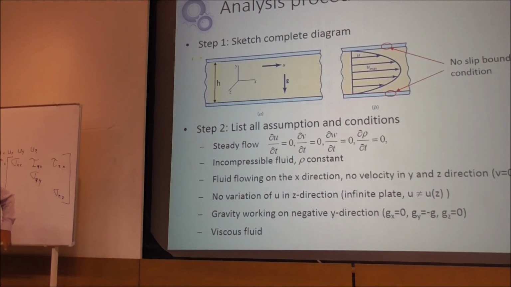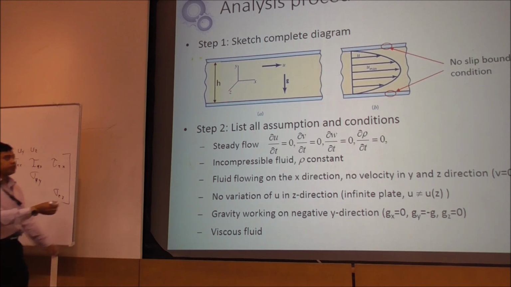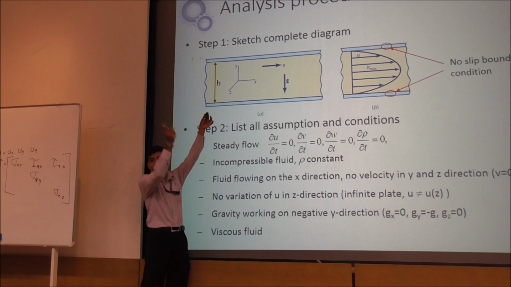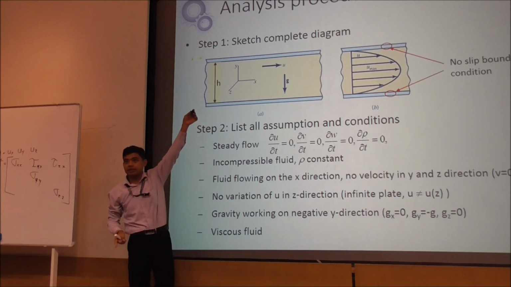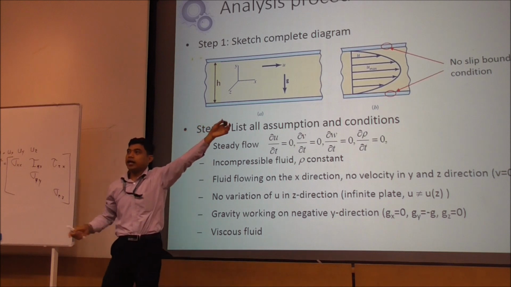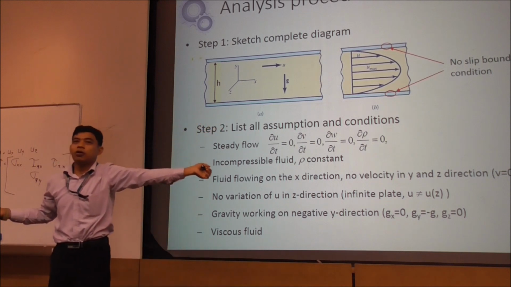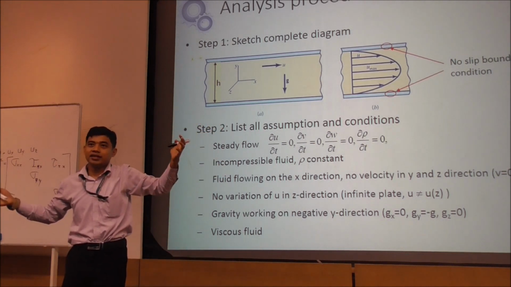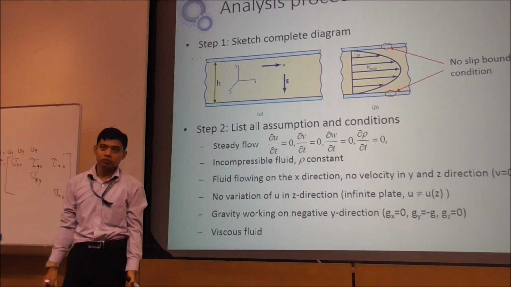Now let's list our assumptions. First, sketch the complete diagram. This is your case, this is your problem. So I give this direction as X, that direction as Y, and the direction going out of the screen is Z. If you ask me, can I choose my own coordinates? I do not want X, Y, Z, I want A, B, C. Up to you.